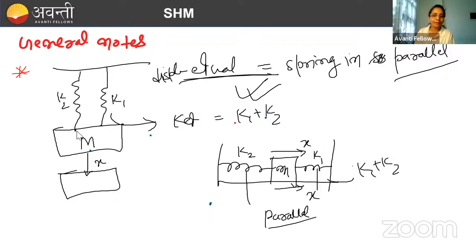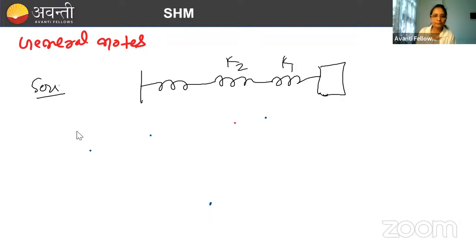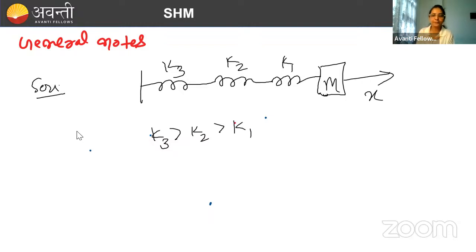Now series का क्या idea है? Series में like if springs are like this, and if it is connected to this, what happens? Suppose this is K1, this is K2, this is K3. Suppose K3 is greater than K2 is greater than K1. Now I am displacing this mass m by distance x. What will happen? सबसे पहले these springs are massless, and you must have studied in your mechanics that if a string is massless, tension throughout will be same.